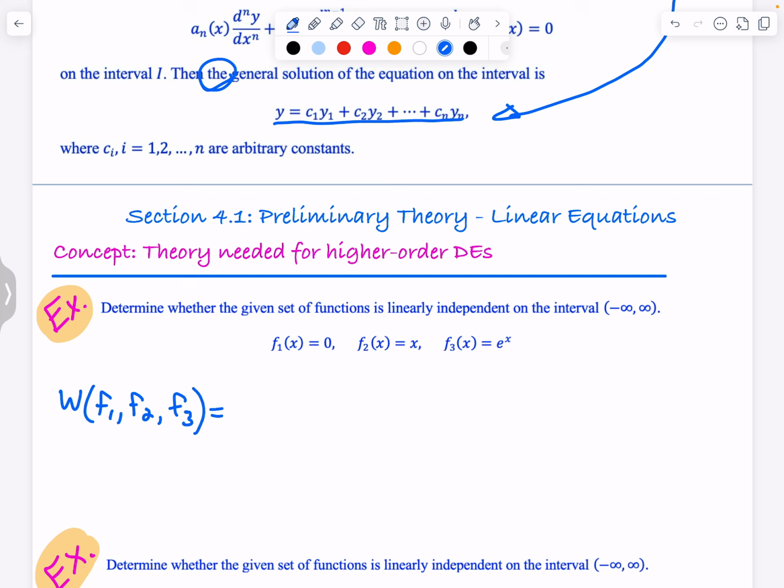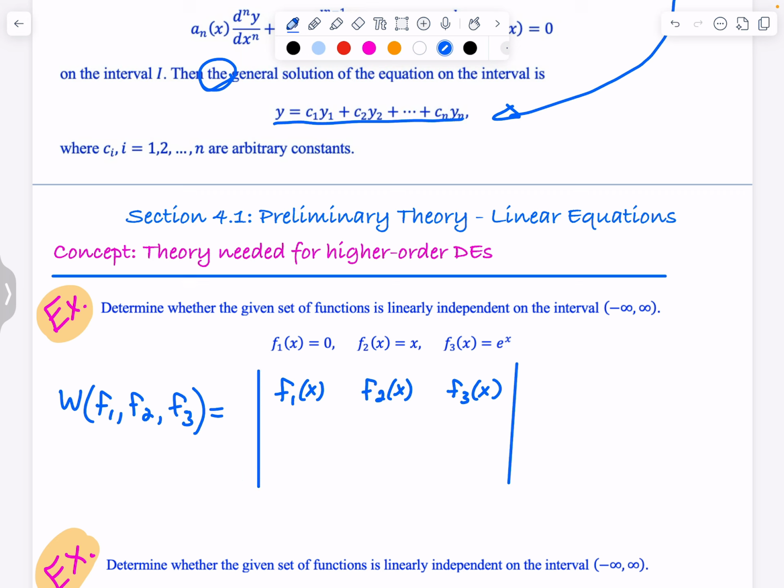And then this is how we do it. You're going to start, don't do both bars, just do one bar. And I'm going to put the functions across the top. Here, I'm going to write actually the long way first: f1, f2, and f3. Then you can close it on this side, straight up and down bars. And we're going to take derivatives of this until we make a square.